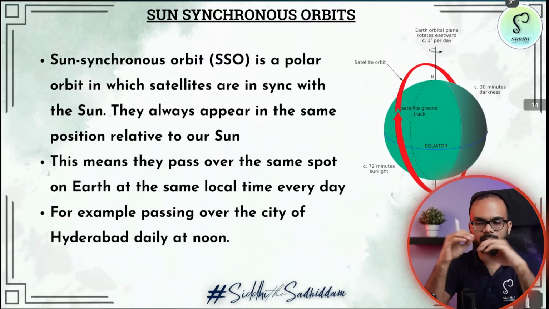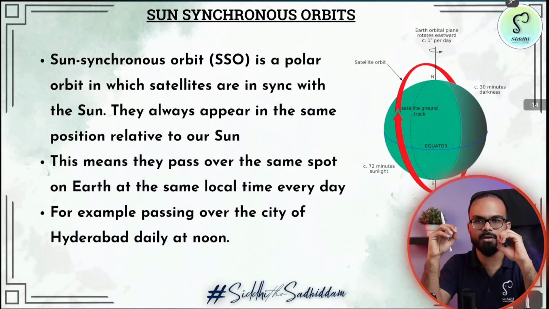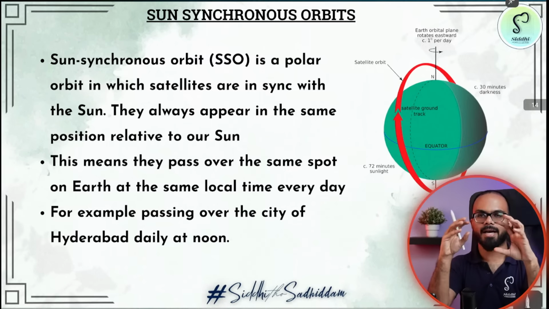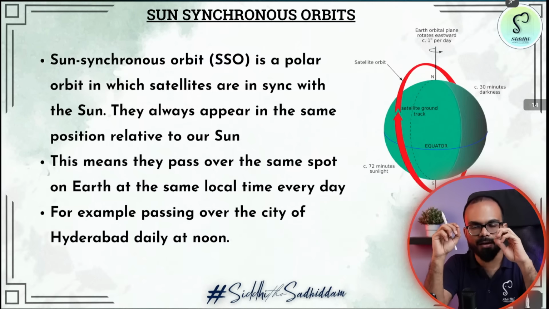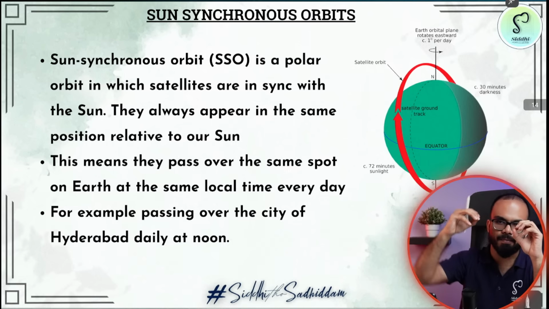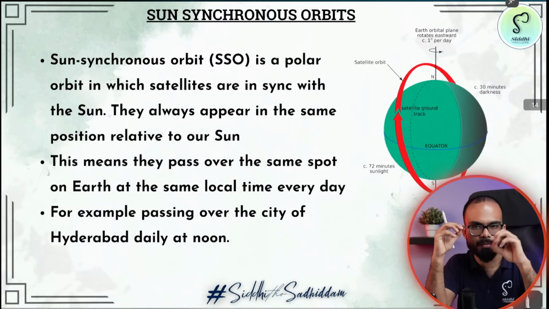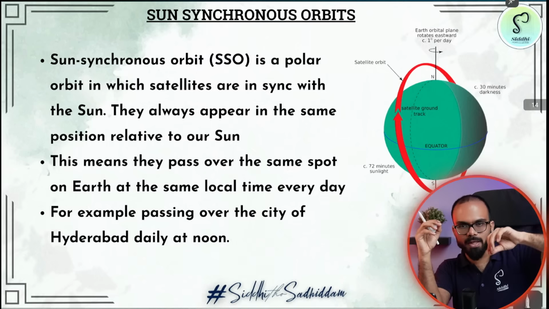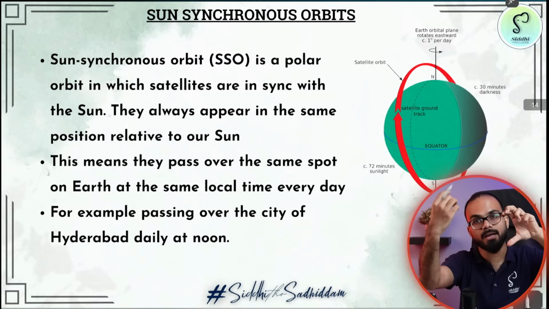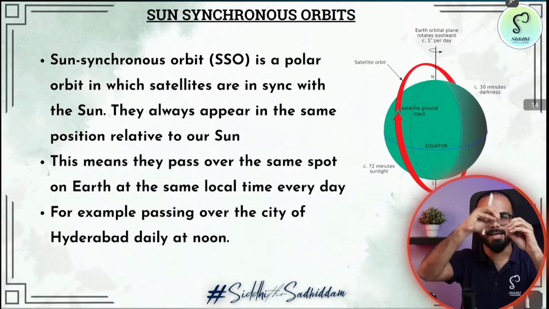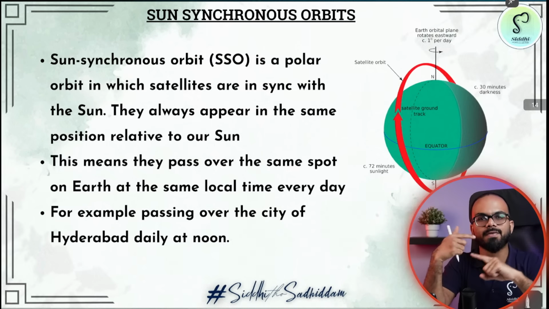For example, I am sitting in Hyderabad, and in Hyderabad at around 2 p.m. the sun is at a particular location in a particular direction. The meaning of sun synchronous orbit is that at 2 p.m. the sun is at a particular location, and my satellite will also be at that particular location. So the satellite is in sync with the sun.